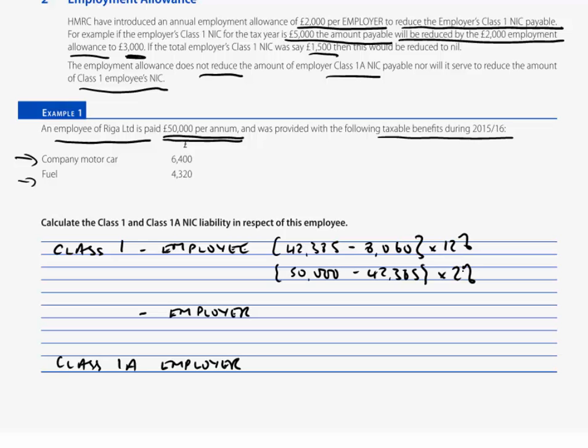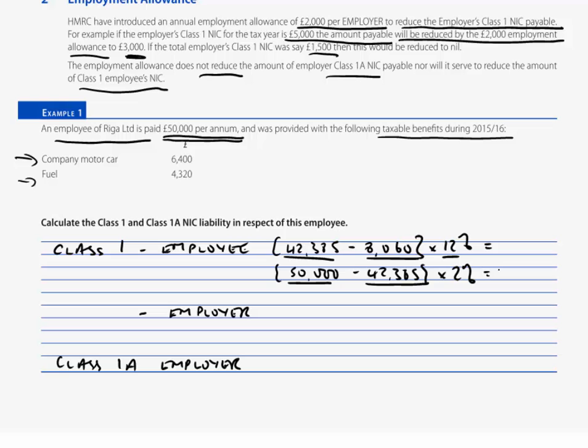I could have, if I'd wanted to, and you'll see in the model answer I've shown that, up to 8,060, of course, is at 0%. There are no Class 1 employee NICs below that 8,060. So between the lower limit and the upper limit, we pay at 12%. Above the upper limit, up to the level of cash earnings, we pay at 2%.